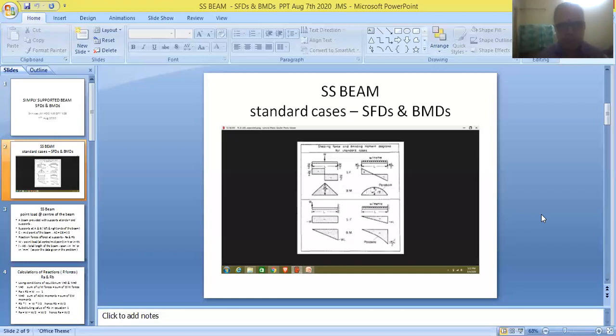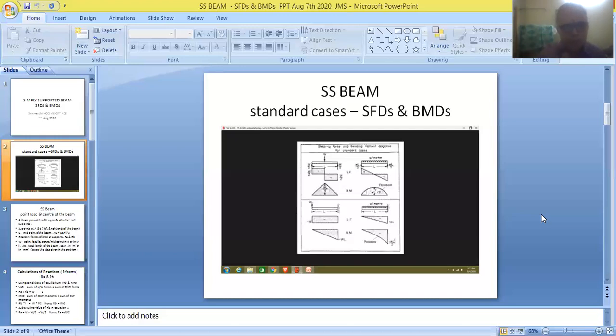Now, friends, these forces are very essential for preparing shear force and bending moment diagrams. So before starting the problem, we have to calculate the values of RA and RB.